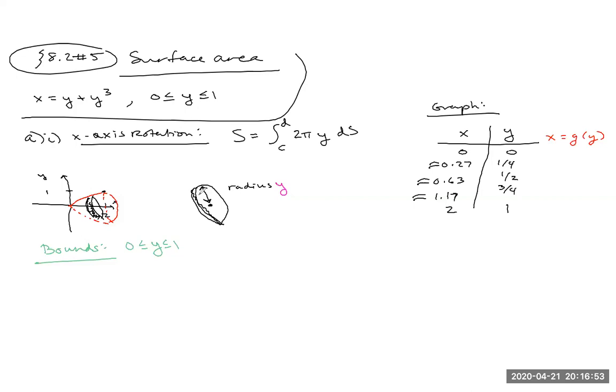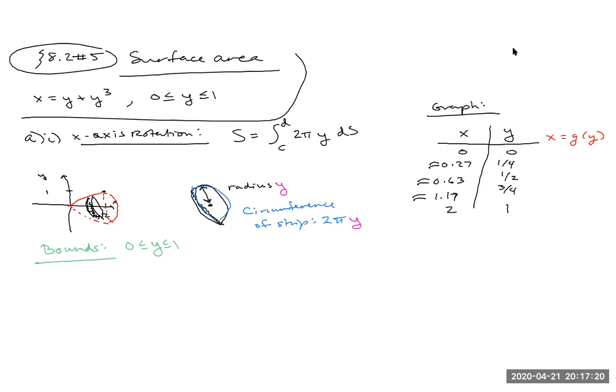And then the circumference of this little strip, I'm going to put in blue, would actually be 2 pi times y.